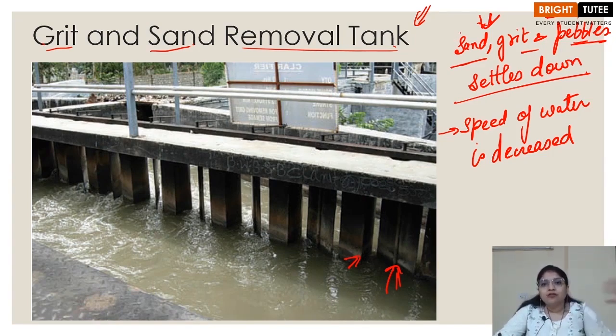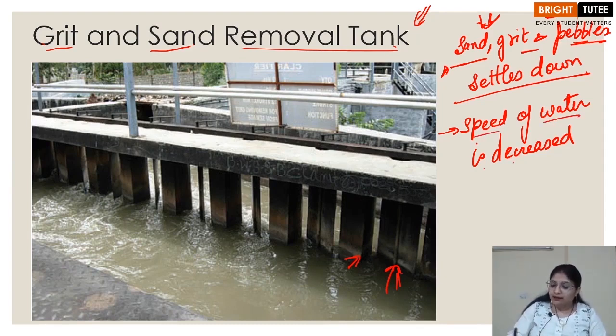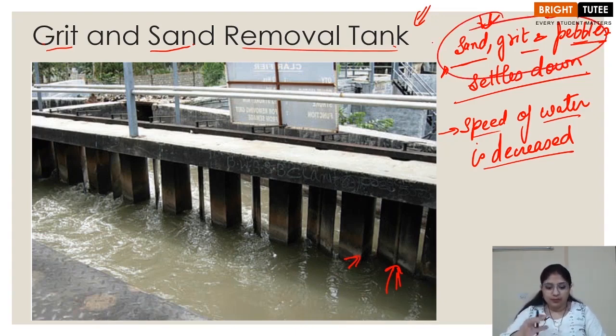Because these rivers are fast flowing, all of this dirt, sand, and small pebbles flows along with it. When the speed decreases, because they are heavy, they settle down, right? This same concept is used in this grit and sand removal tank, where the speed with which the water is coming in is reduced. Because of that, it gives time to all these contaminants to settle down, right?